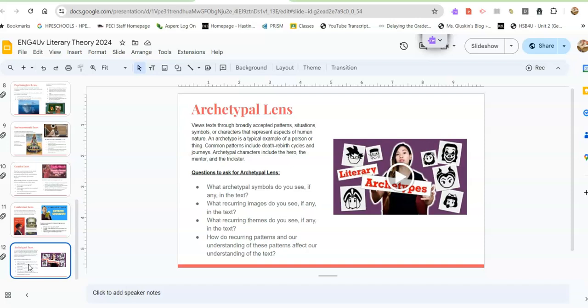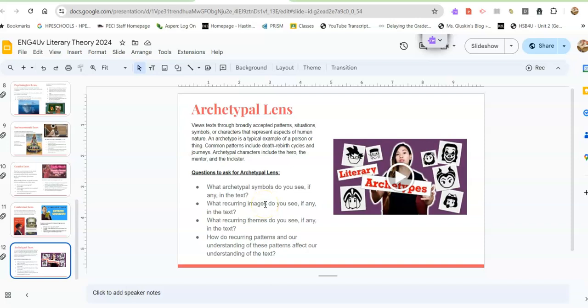And while Freud's theories largely are disregarded, Jung's theories of the archetypes still are not. And we can actually see archetypes represented in multicultural stories. I know in Indigenous stories, the trickster is often represented. So we're looking at what the different types of archetypes are and how they are presented within a text.